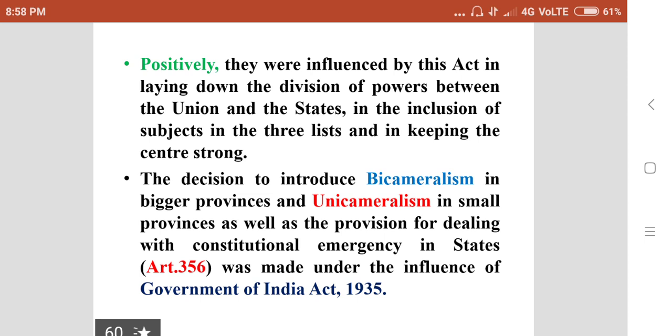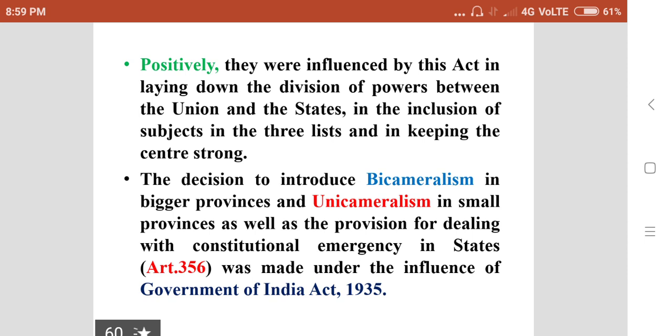So let us know something about the two aspects, bicameralism and unicameralism. Bicameralism means the system of the legislature which is having two chambers or two houses.